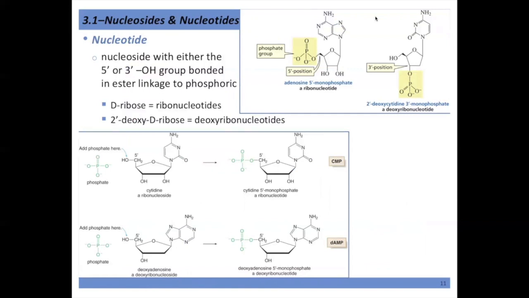Now we go to the complete nucleotide. Now nucleotides actually have phosphates attached. And so you can see nucleosides have 2 of the 3 parts, and nucleotides have all 3 parts.